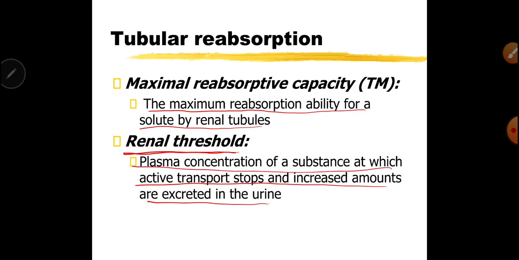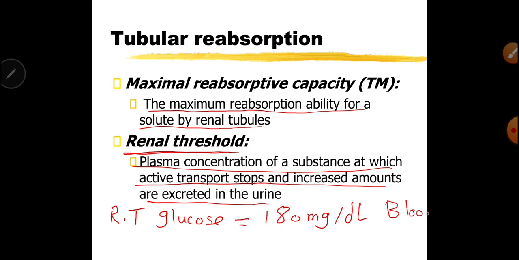This is called renal threshold. Let us have an example. Renal threshold for glucose is about 180 milligram per deciliter in blood. So this is the renal threshold of the kidney for glucose. If glucose is above 180 milligram per deciliter, glucose will appear in urine.